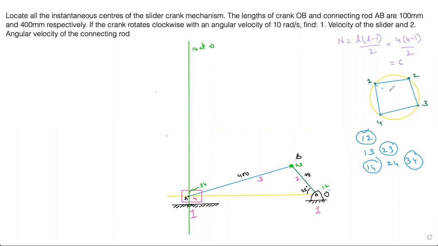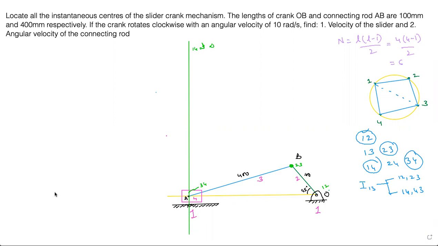So connect 1 and 3. Look at the above triangle. I need I center 1, 3, right? There are two things we need to connect. The above triangle says 1, 2 and 2, 3 need to be connected. The below triangle says 1, 4 and 4, 3 need to be connected. Now where is 1, 2? 1, 2 is here and 2, 3 is there. Just extend it. 3, 4 and 1, 4 are on the same line.